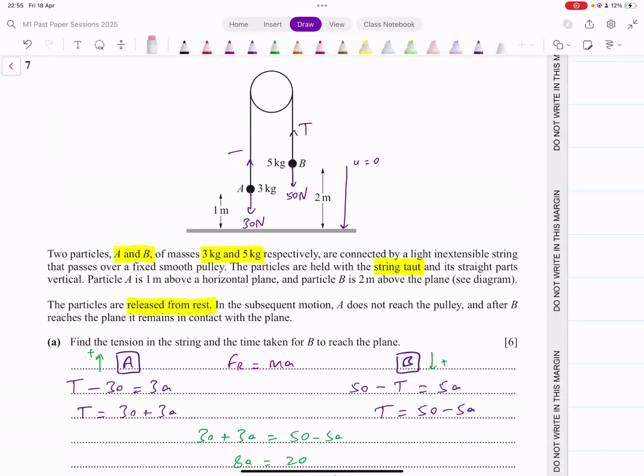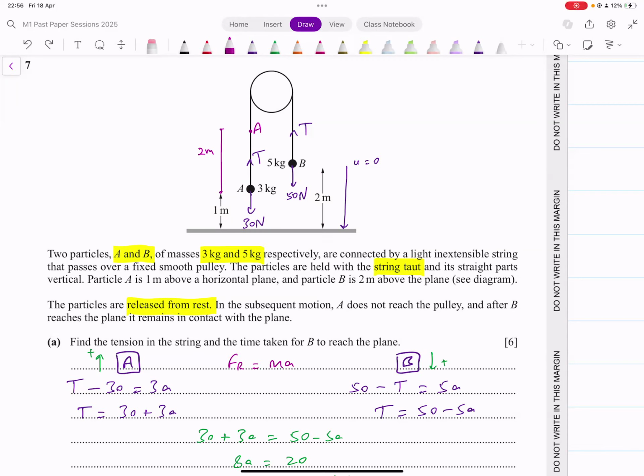So let's say A reaches this point in that time. It travels another 2 meters in that time. It was already 1 meter above the ground. That is when B hits the surface. It hits the surface.